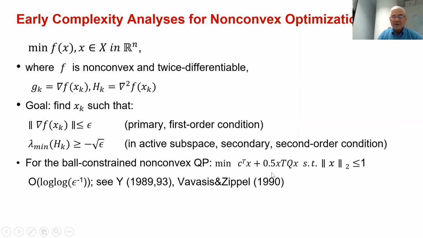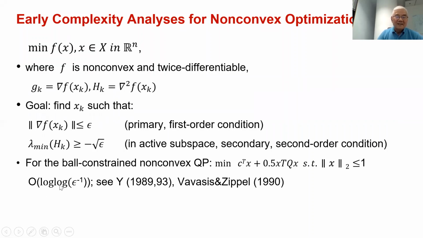To solve this problem, nowadays you can relax it to an SDP, which becomes a convex optimization problem. Finding an eigenvector is actually an SDP problem. But convex optimization needs log 1 over epsilon in terms of epsilon.